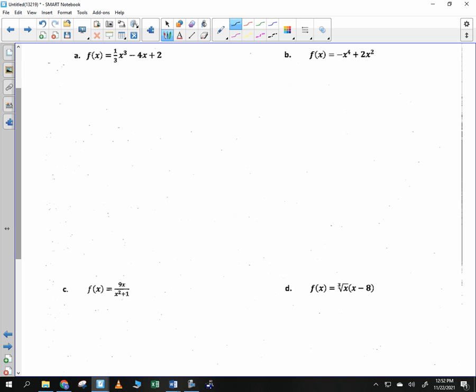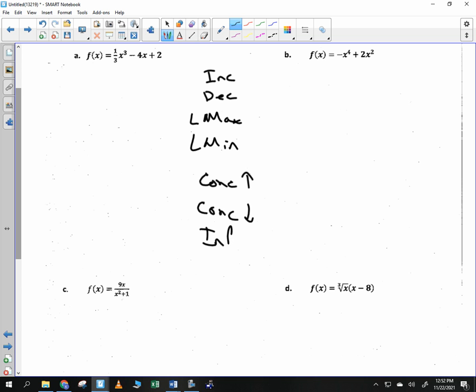I will label increasing, decreasing, local max, local min, concave up, concave down, and inflection. All right, first derivative.